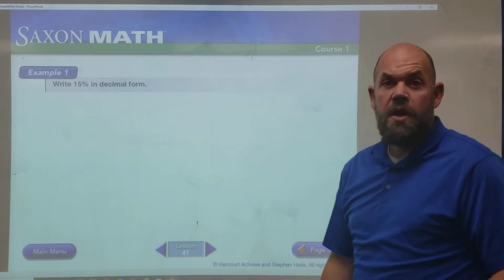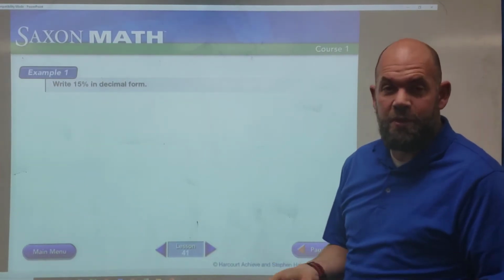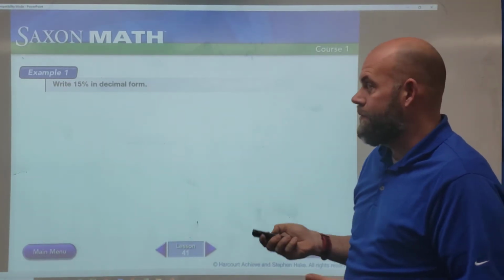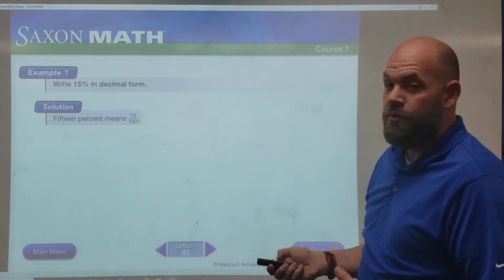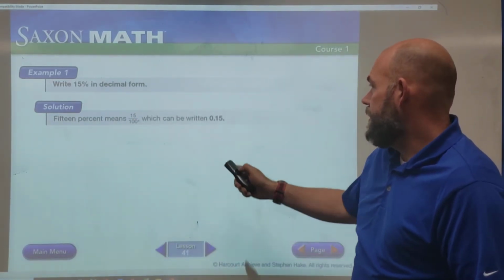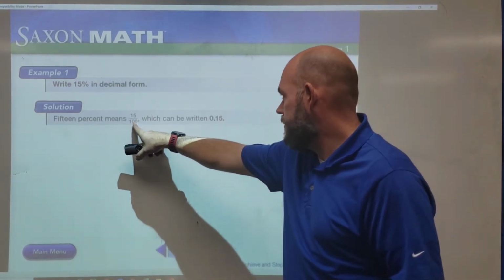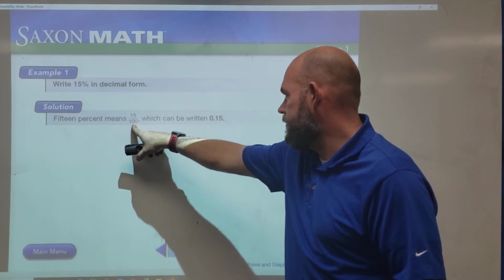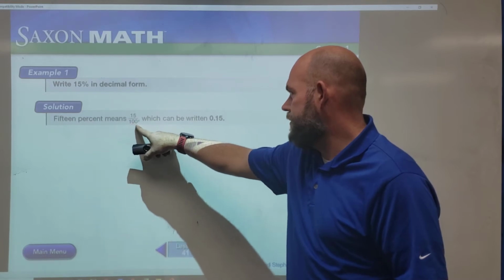All right, so we need to write 15% in decimal form. Remember, the first thing we're going to do is put it over 100, so this is going to be 15 over 100, okay? And then from there, we can reduce. Well, actually, if we reduced it, they're both divisible by 5, so that would be 3/20ths.